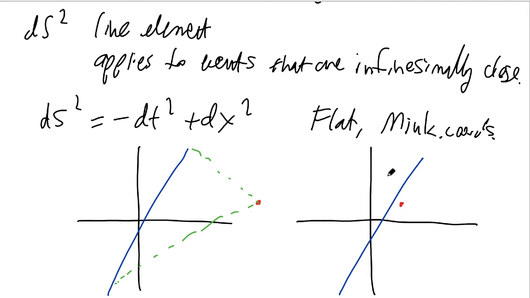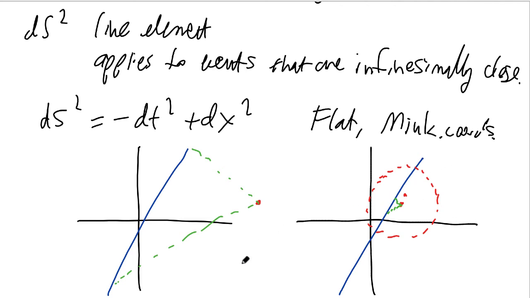So within a region near some event that's close to this observer, we can approximate the line element as looking like this flat space-time line element, and within that small region, light rays travel at 45 degrees, and the observer can use the same constructions we use in flat space-time to measure the distance to this event or to measure the time interval between these two nearby events.